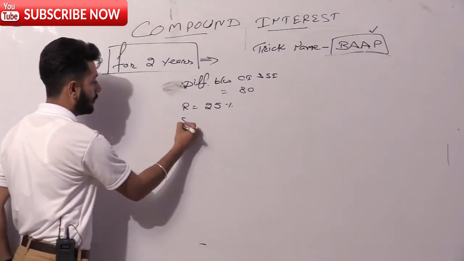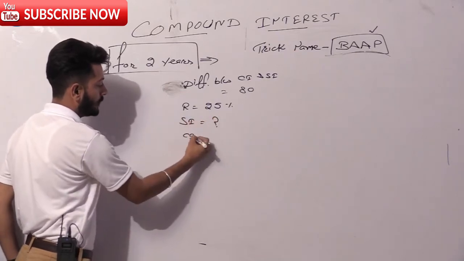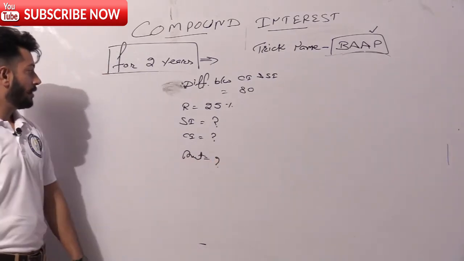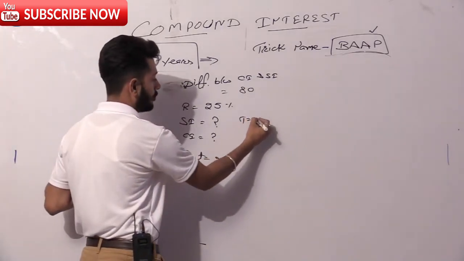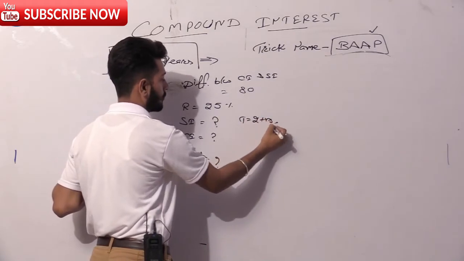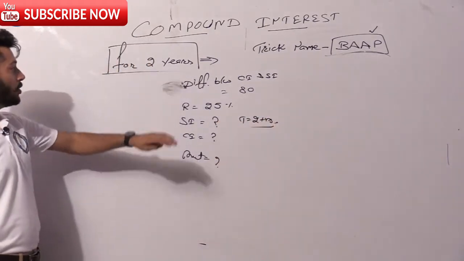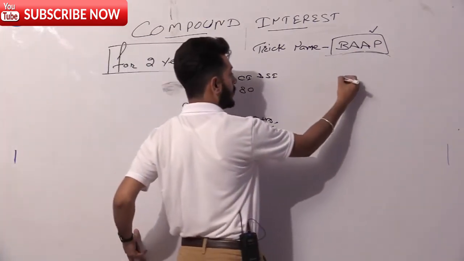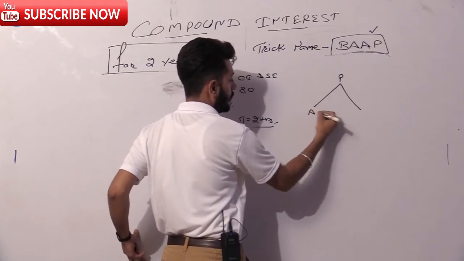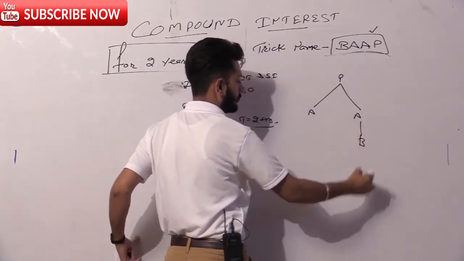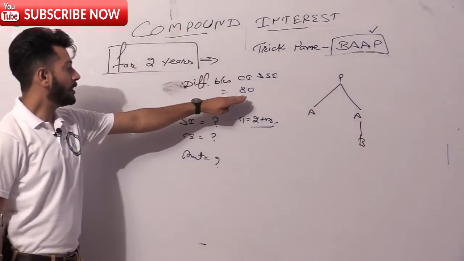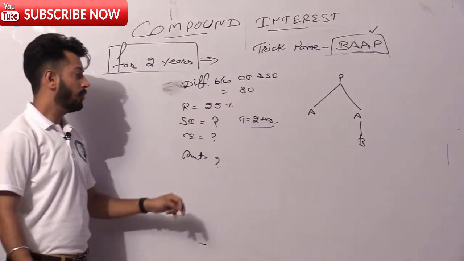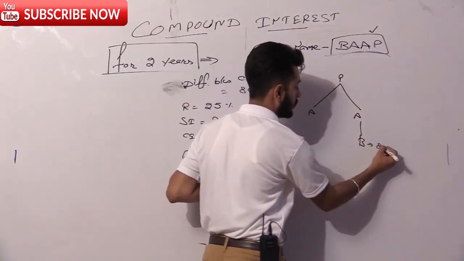We have to find the value of SI, CI and amount. And the time is given as 2 years. As we know, to find the compound interest for 2 years, we will use the diagram which is PAAB. We have been given the difference between SI and CI, which is 80. We all know that the value of B is 80.